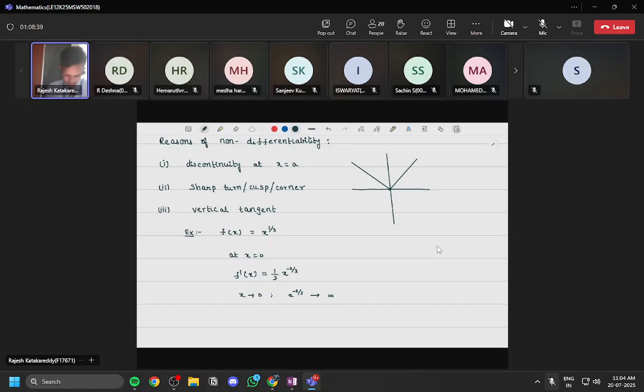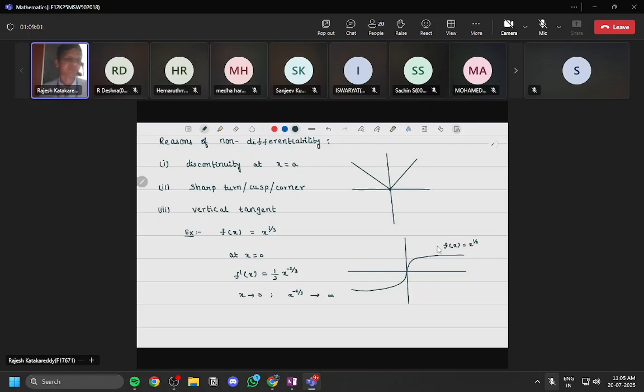And this one I'll draw. Now this vertical tangent I'll draw here. So this is the graph f of x equal to x power 1 by 3.